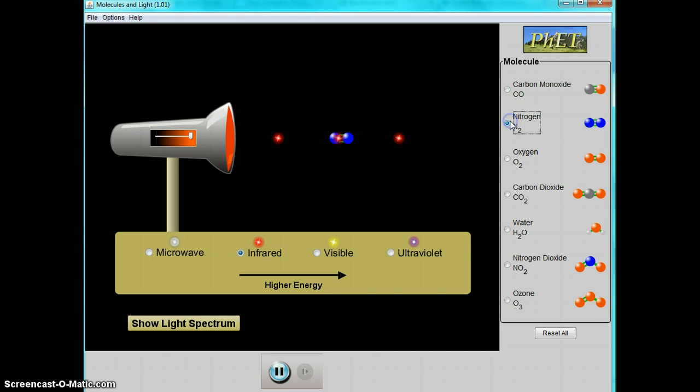Nitrogen gas still not reacting to light. Oxygen gas not reacting to it.